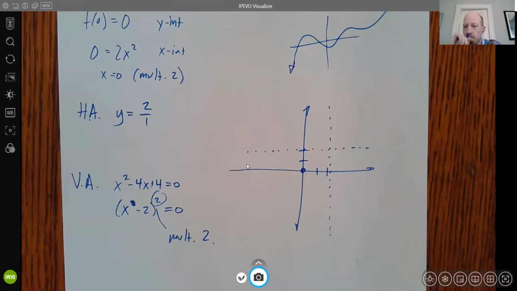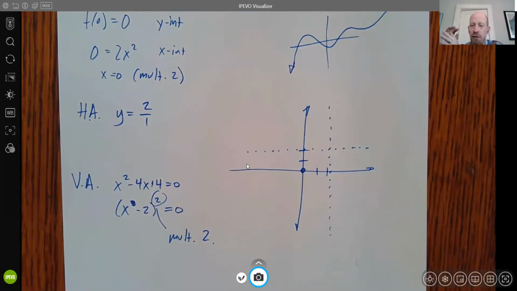Okay. So the question is, do I have enough information to figure out what's going on with this graph? I do, but if you're feeling like you don't, you can, like we did last time, certainly plot a point to help you lock things into place.